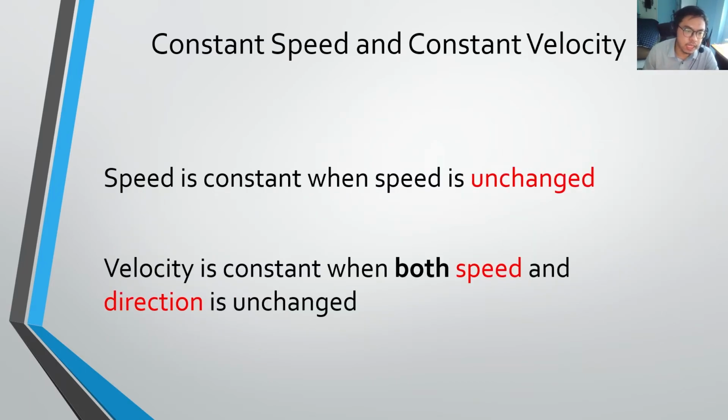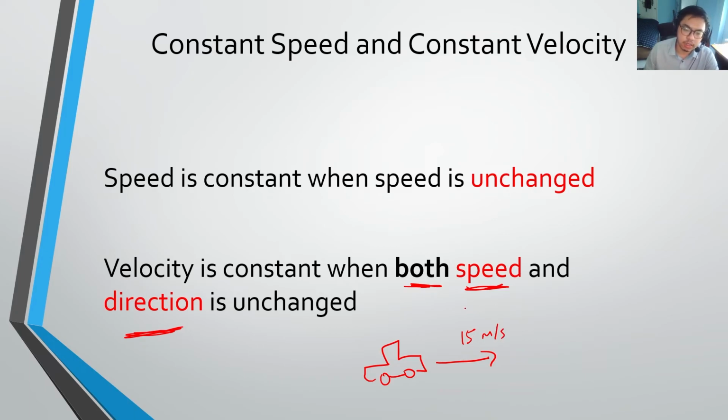So speed is constant when speed is unchanged, when it has the same value over time. Velocity is only constant when both the speed and the direction is unchanged. Okay, for example, a car moving straight with a constant speed of 15 meters per second.